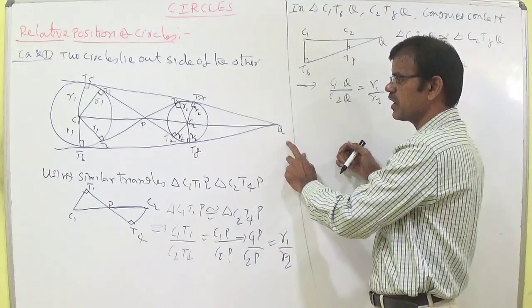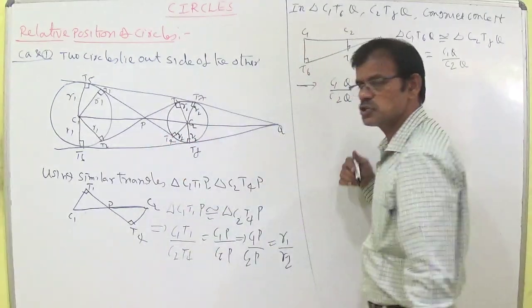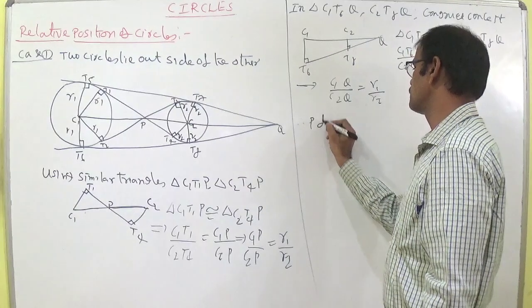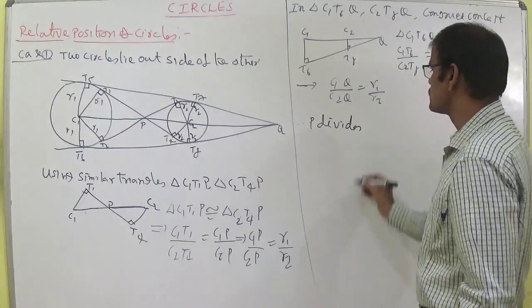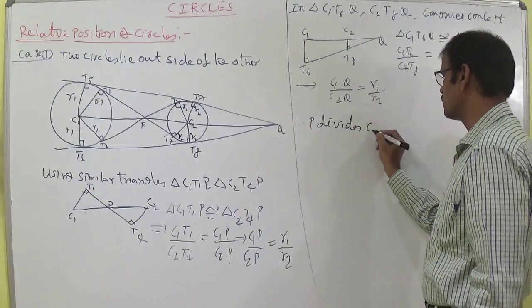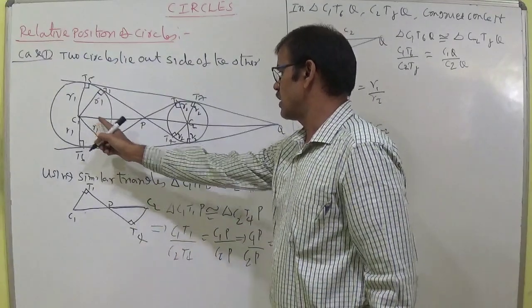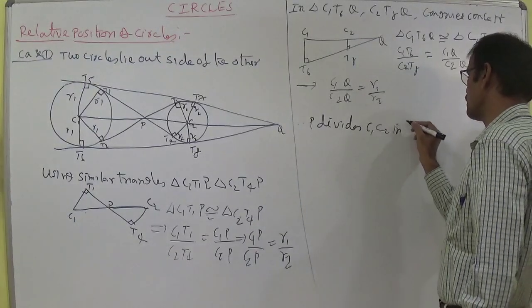If Q is an external point, the ratio is external, and P is an internal point, the ratio is internal. Therefore I am writing, P divides C1C2, the line joining the centers, in the ratio.